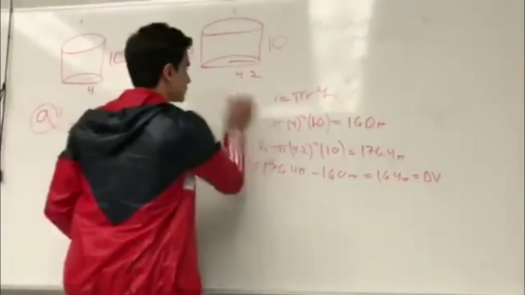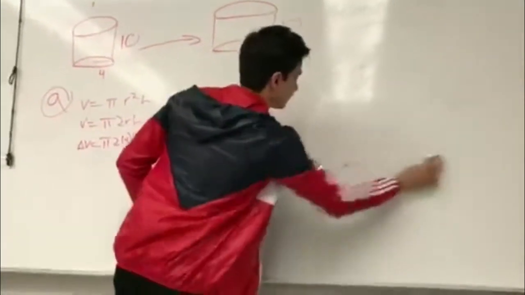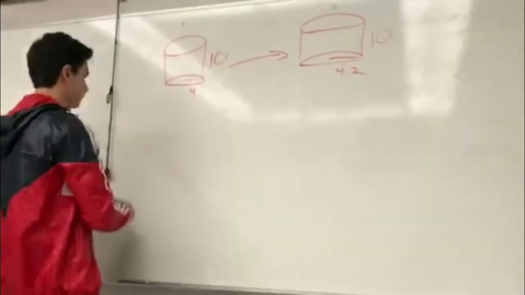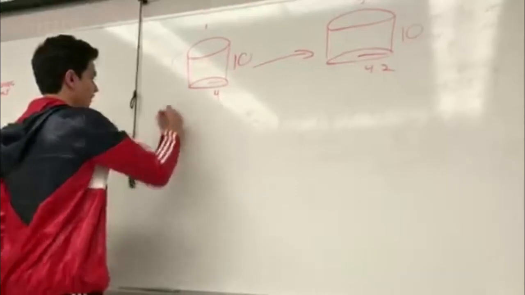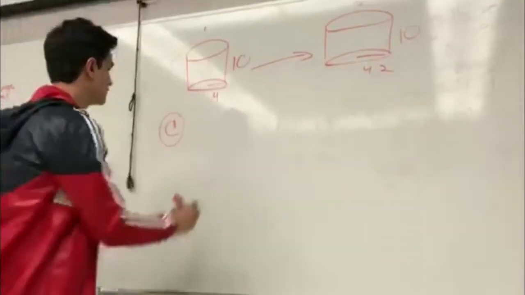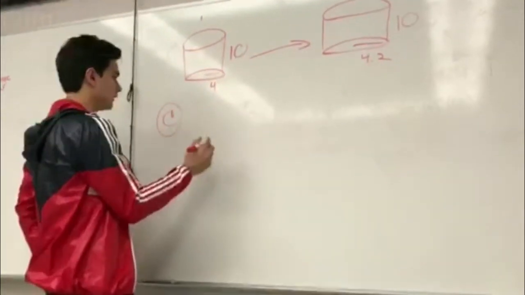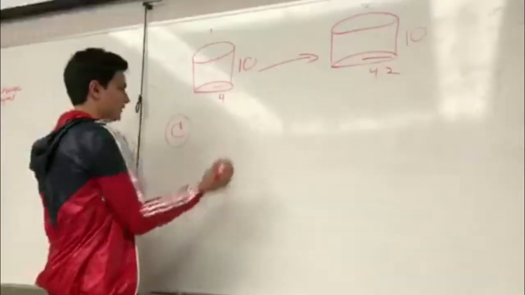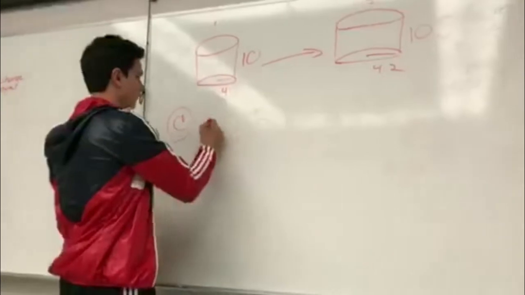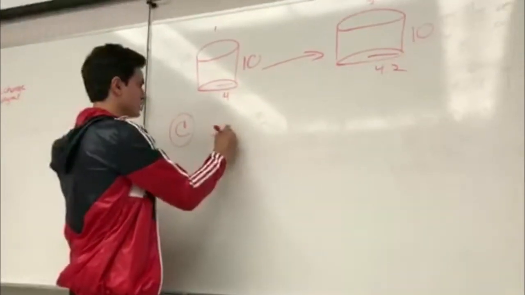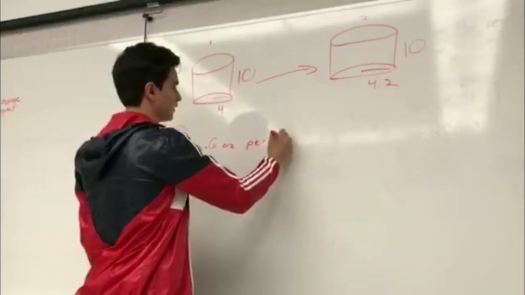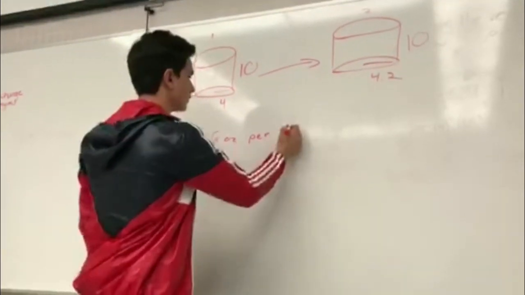Now for part C, we're told that each inch cubed is equal to 0.6 ounces of the substance. So 0.6 ounces per inches cubed.